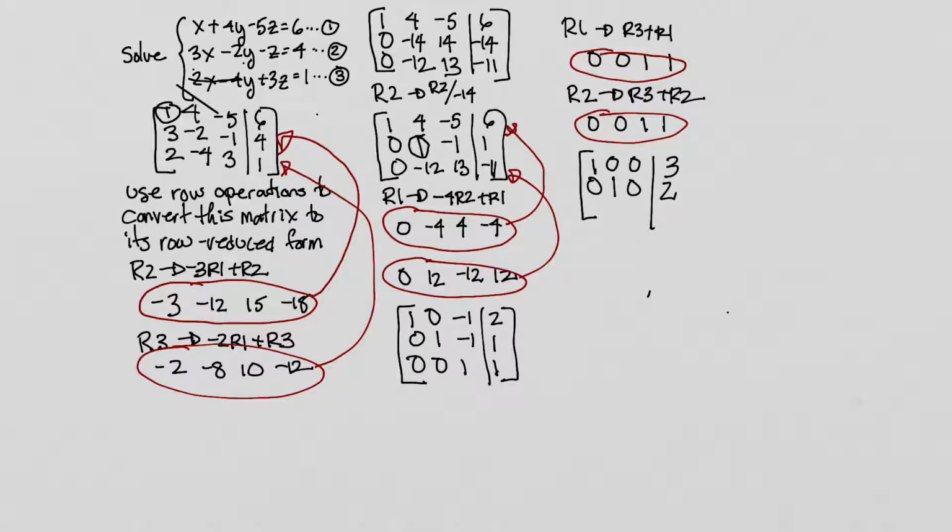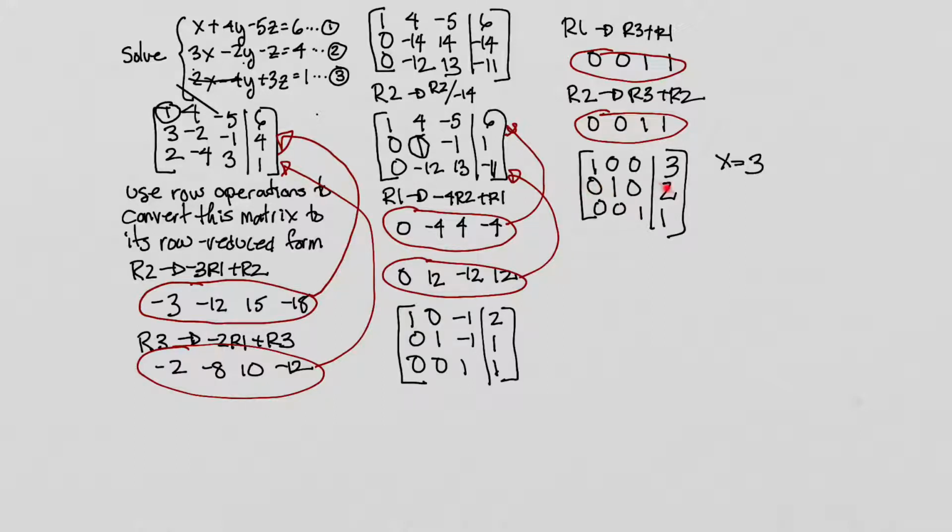And the third row stays the same. So we're going to have 0, 0, 1, 1, and now we've got it. We can read our solution. So here is 1x, no y's, no z's. So 1x is 3. So from here we're going to have x equals 3.